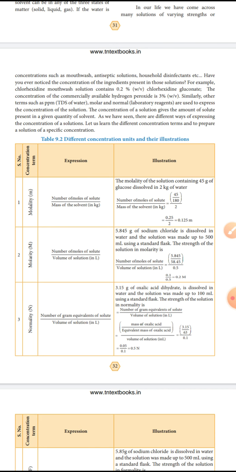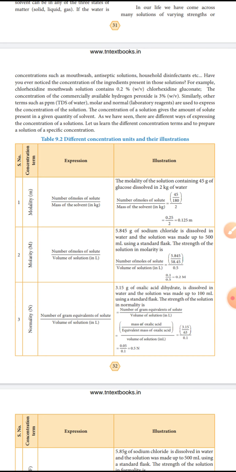Second one, you want to calculate the molarity. 5.845 gram of sodium chloride is dissolved in water and the solution was made up to 500 milliliter using a standard flask. Find the strength of the solution in molarity. Molarity formula: number of moles of solute divided by volume of solution.